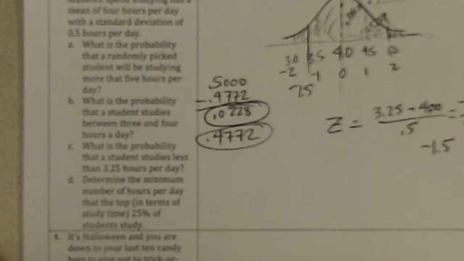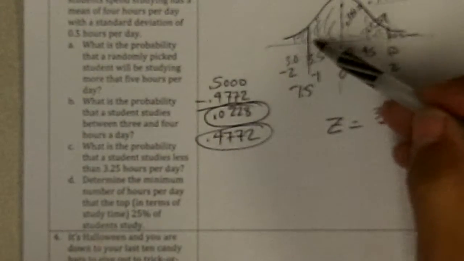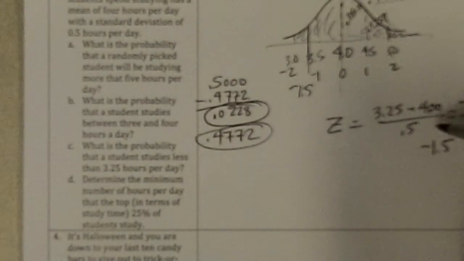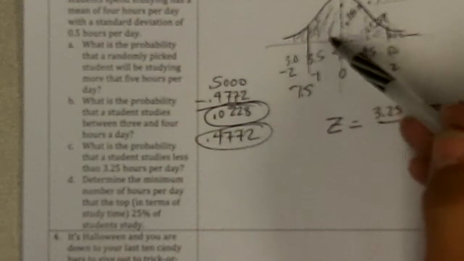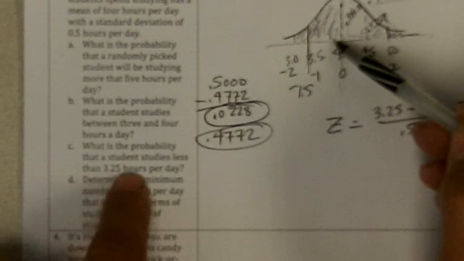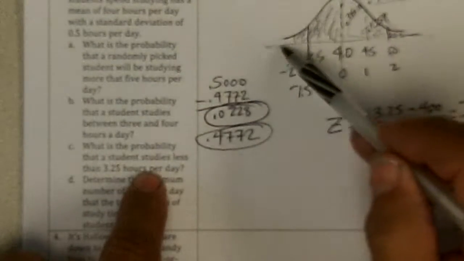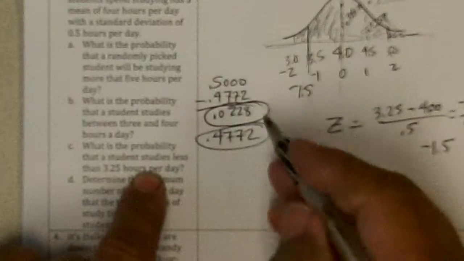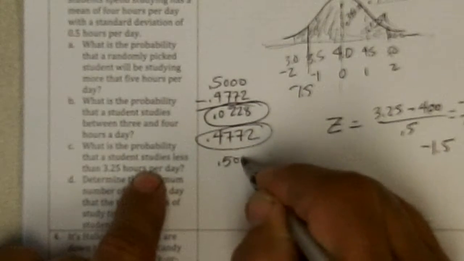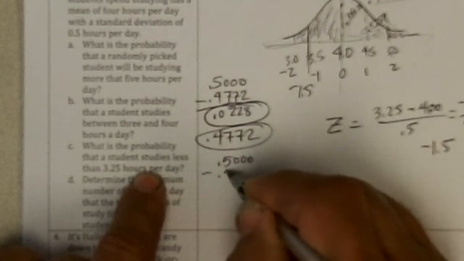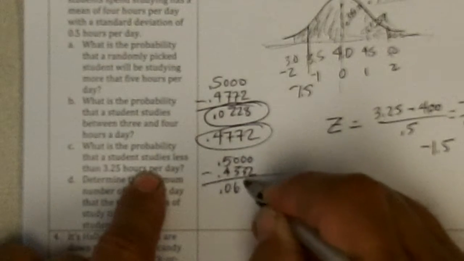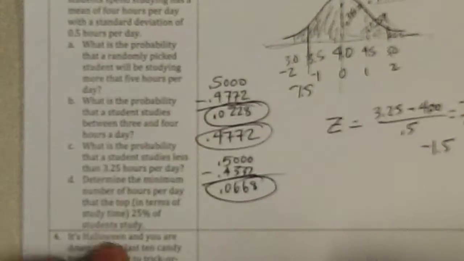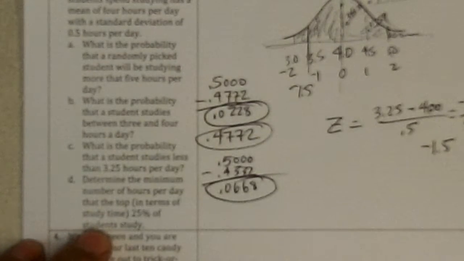You can check that on your calculator. Now, you can't look up minus 1.5, so you look up 1.5 and get 0.4332. That would be how much area is here. And we want less than that, so we want this area, so that's a half minus the 0.4332, which is 0.0668. That's C, and then D.